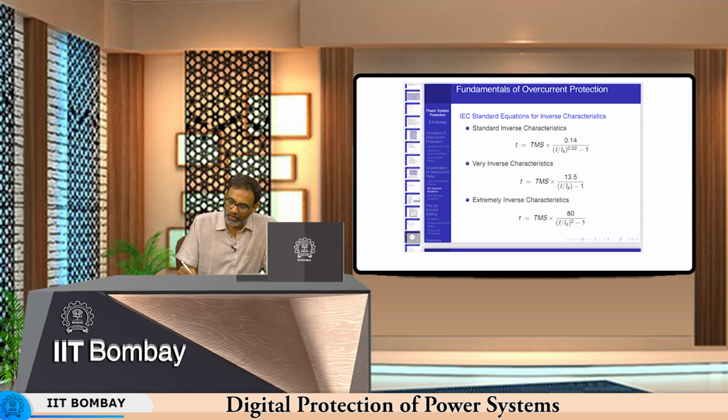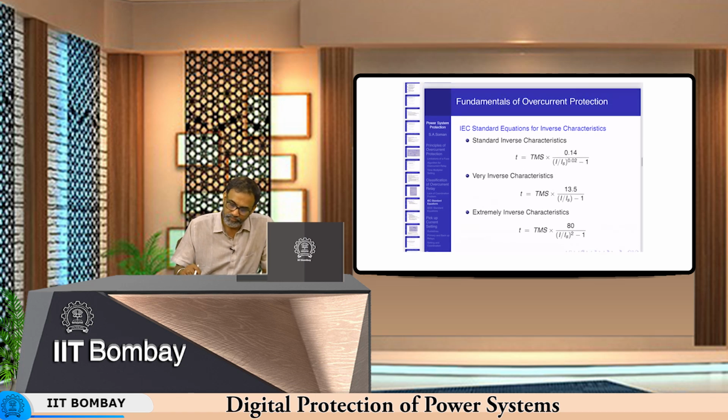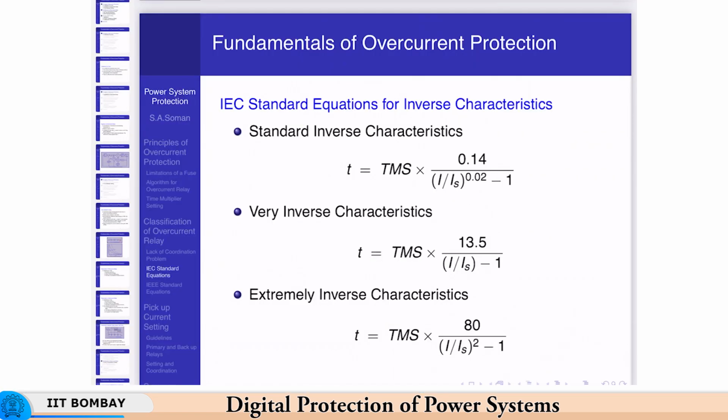This is of the form K divided by (I by IS) raised to alpha, minus 1, and the K and alpha values are given here. For a standard inverse characteristic, K is 0.14 and alpha is 0.02. For a very inverse characteristic, K is 13.5 and alpha is 1, with the denominator being I by IS minus 1.